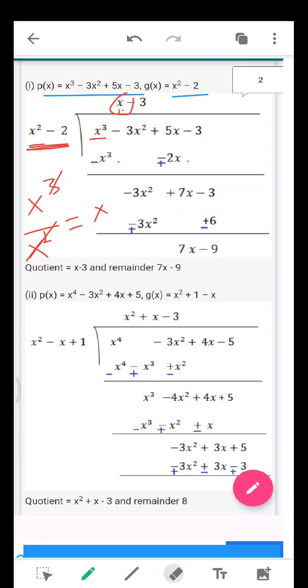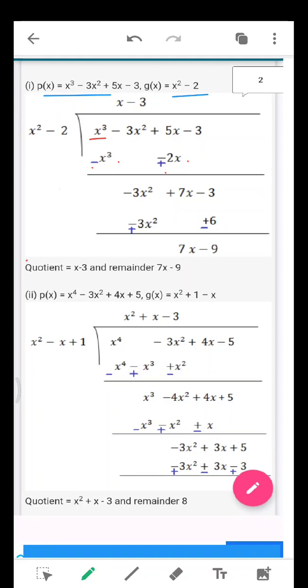Most of the students already know this step because they have done a lot of practice in 9th class. Still I am explaining you step by step. So x cube minus 2x comes here, then we change the sign. This becomes minus, this becomes plus, because we are subtracting it.